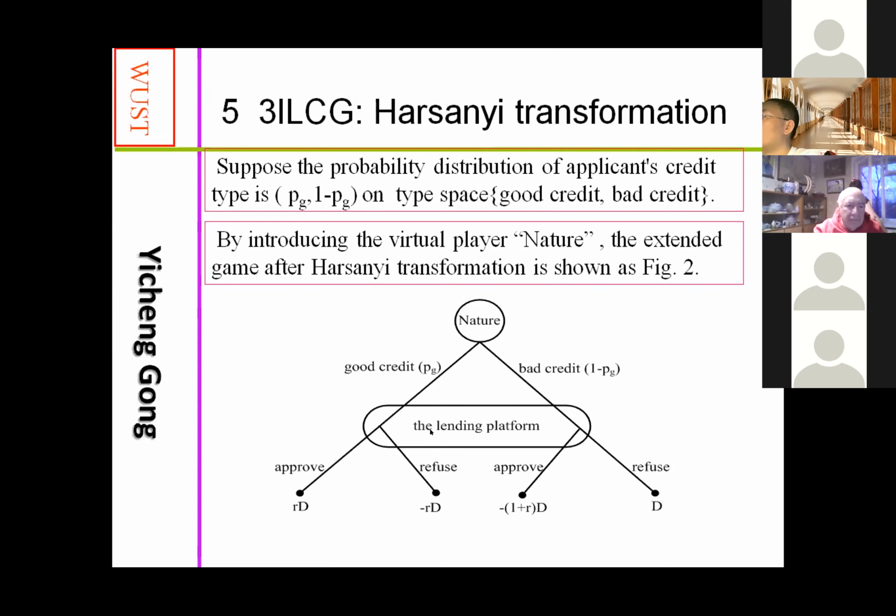And then the lending platform can choose its strategies, approve or review.